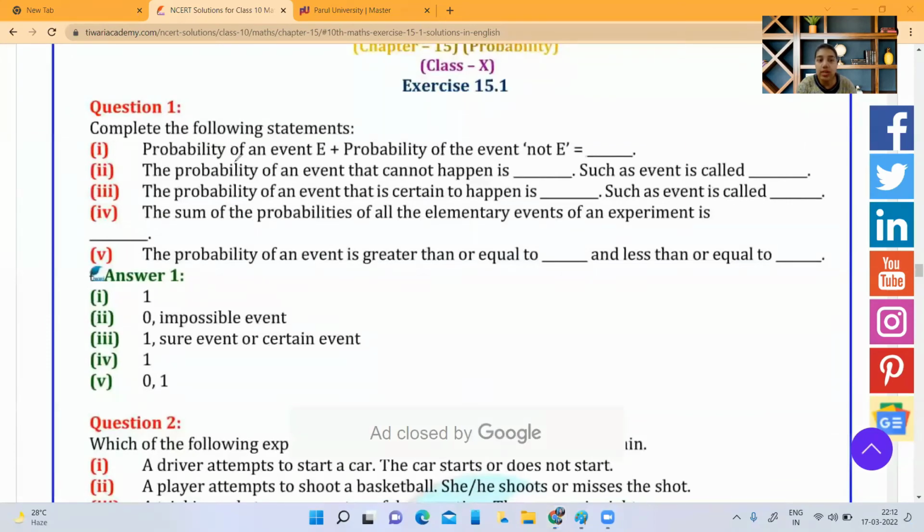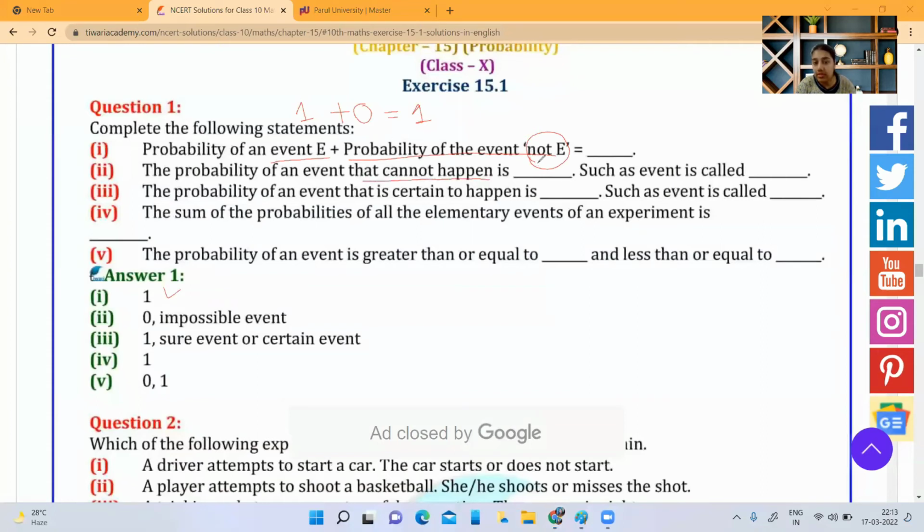If you remember, what was the probability? If you are getting an event, that is something sure. So the probability will be 1 plus the probability of not E. When something is not happening, the probability will be 0. So 1 plus 0 is always 1. That's why the answer is 1. Now the second part says the probability of an event that cannot happen.